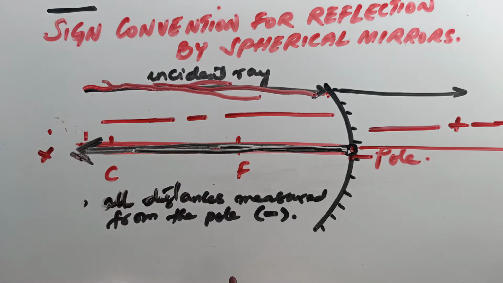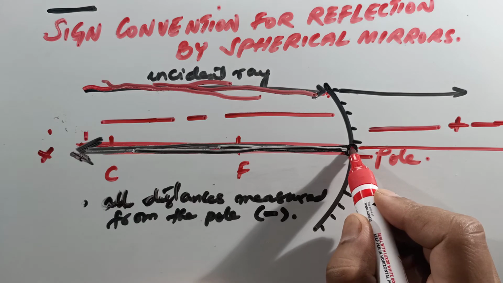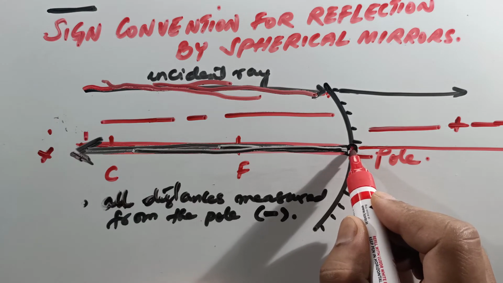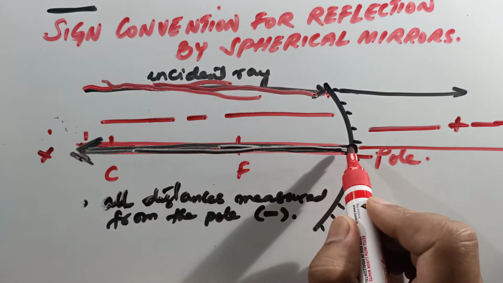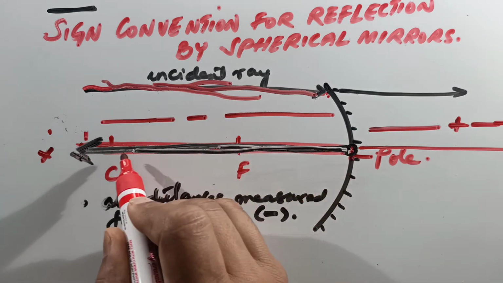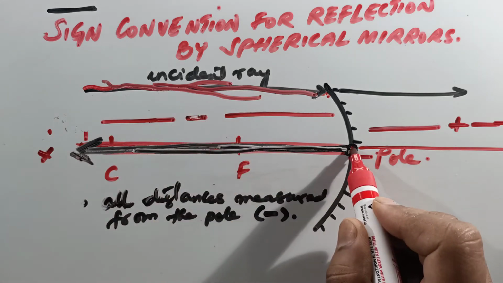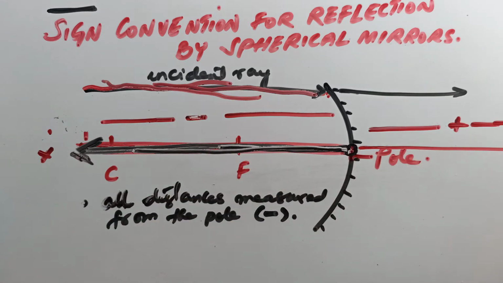Very, very important. Once again, to simplify this, this is the pole. If the distances are measured in this direction, on the negative x-axis, it will be negative. If they are measured on the positive x-axis, it will be positive. Keep in mind.